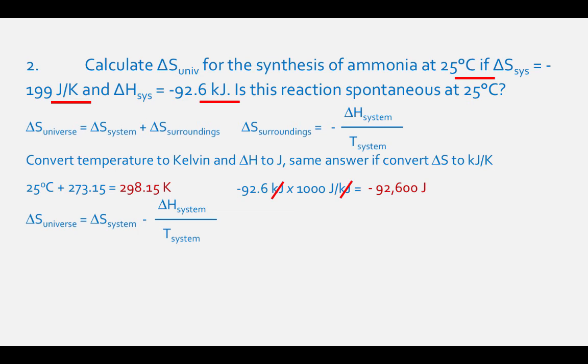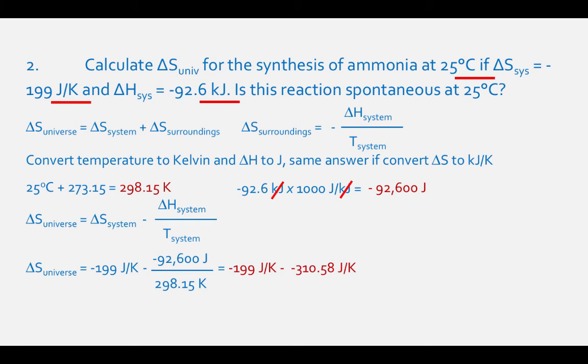Plug your values into your new equation, which is delta S of the universe equals delta S of the system minus delta H of the system divided by the temperature. So we have negative 199 joules per Kelvin minus negative 92,600 joules divided by 298.15.